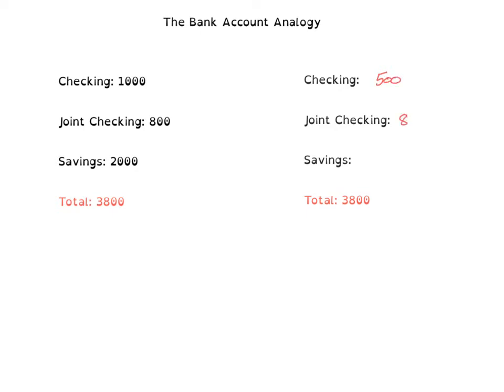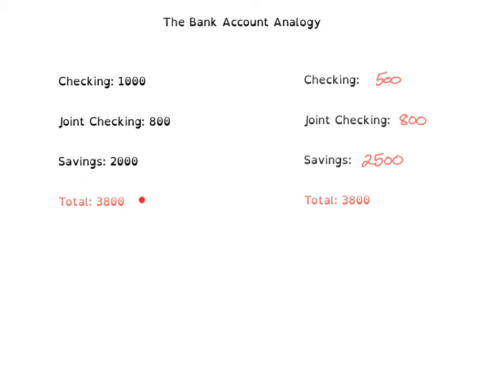My joint checking stays the same, but my savings goes up to $2,500. But now notice that if I sum all of these values here, I end up with the same total amount here. So I can do stuff within my account internally. I can move money to those different accounts, but I'm always going to end up with the same amount that I started with.